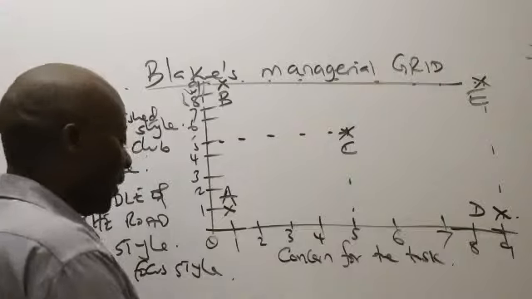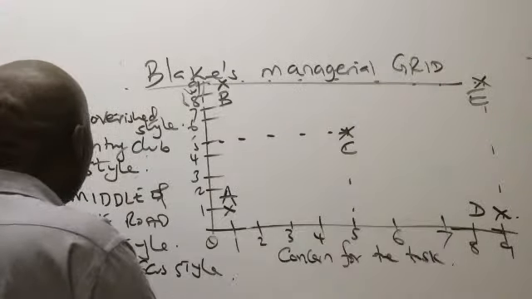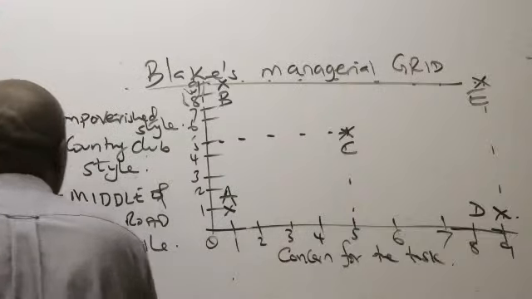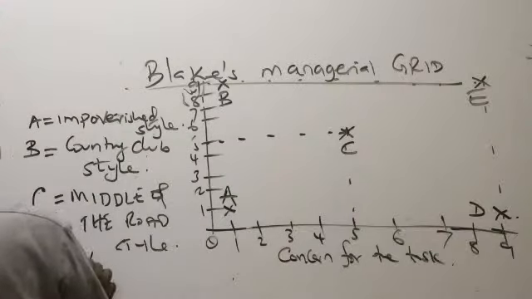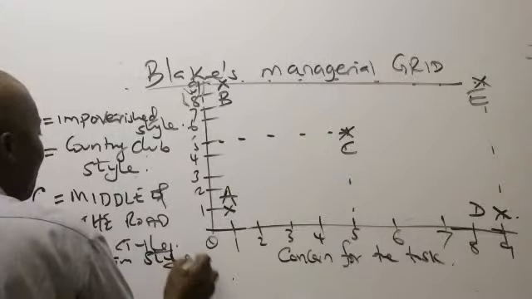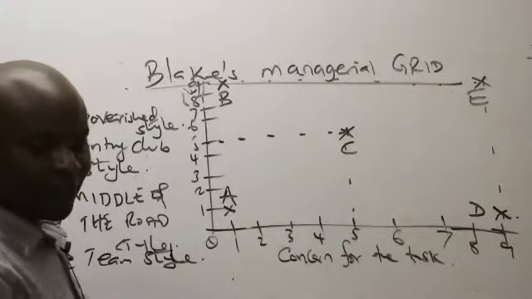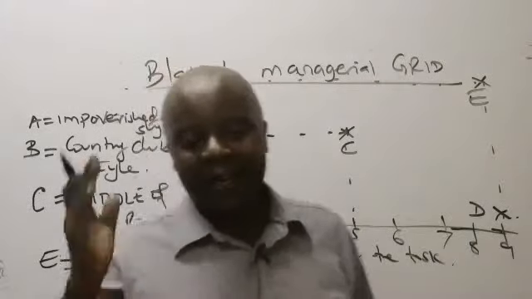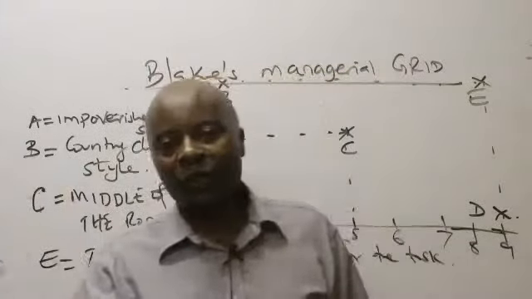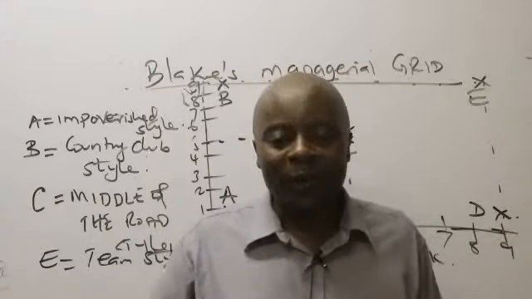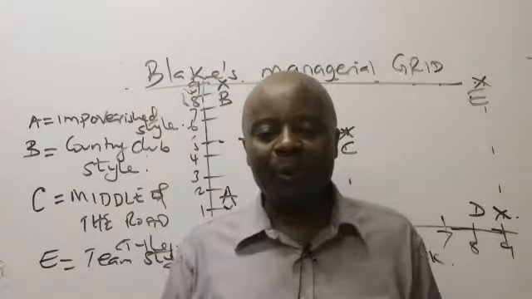The team management style, or basically the team style. It's not about yourself alone. That way, of course, team management style is the optimal because your tasks will be done, and at the end of the day, you're also having a concern for your team, concern for your people.